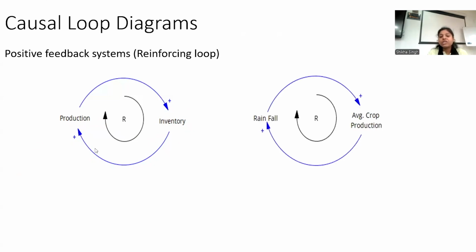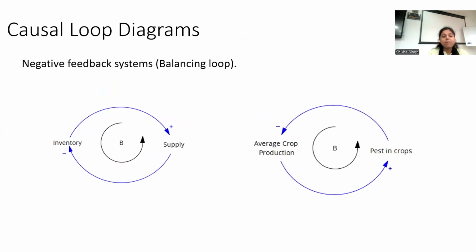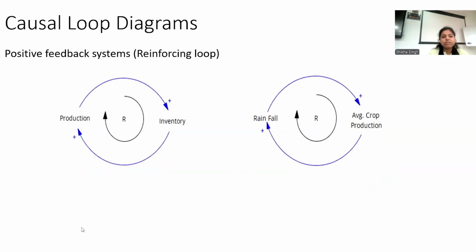rainfall and the average crop production, right? I was talking about the positive feedback loop.